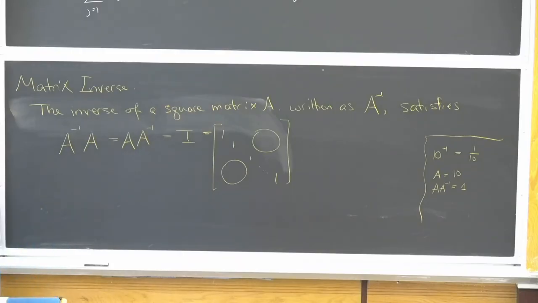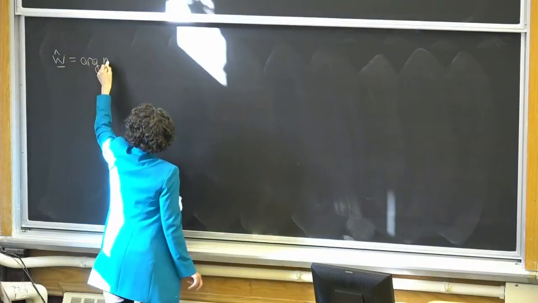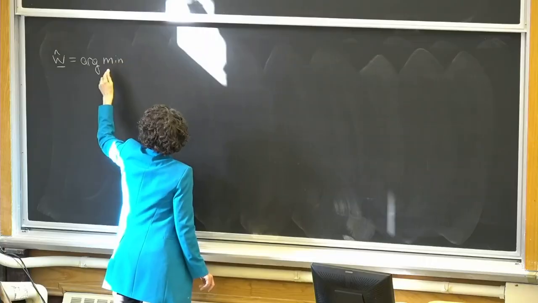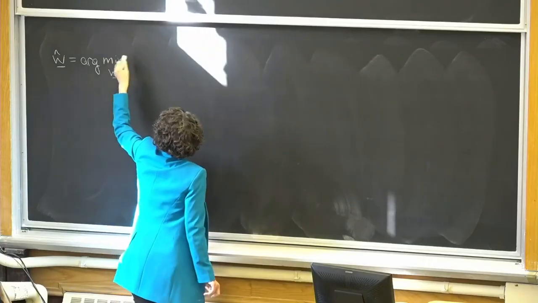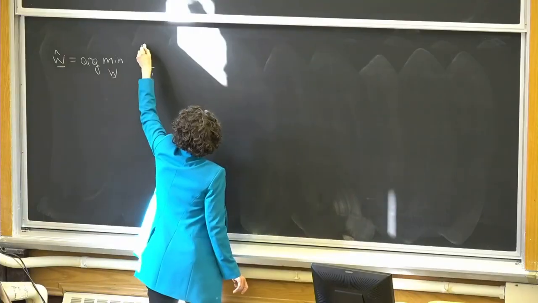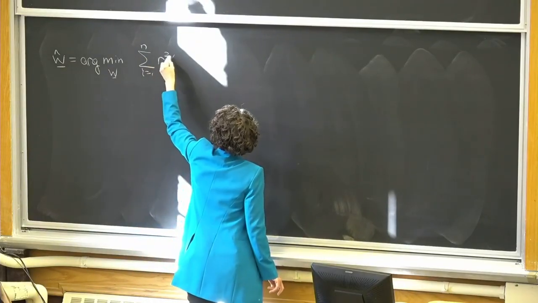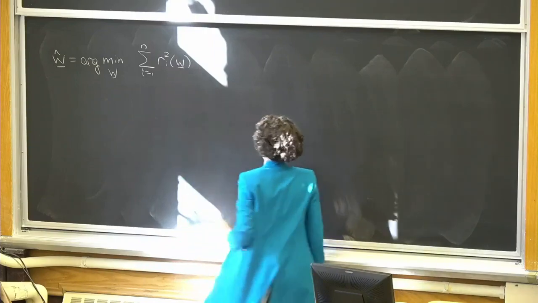All right, so if we recall the way we set this up, we said that w hat was going to be the argument w that minimizes the sum over all of our training samples of the residual r_i squared associated with w.